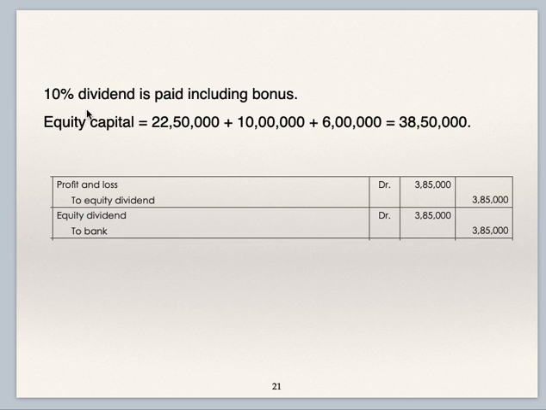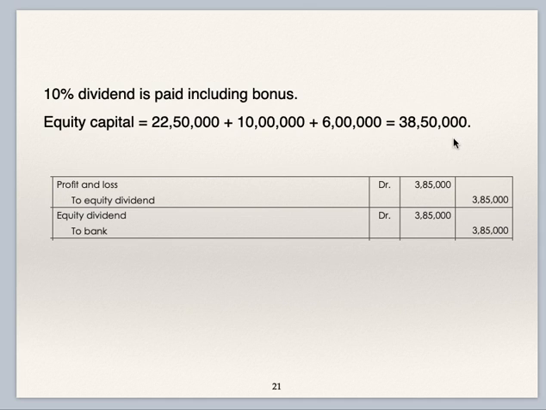Now the next entry is 10% dividend is paid including bonus shares. Equity capital: 2,25,000 shares. Even if 25,000 shares they have forfeited, again they have reissued. So equity capital is 2,25,000 shares of 10, which is 22 lakhs 50,000. 10 lakh bonus is given to them. 6 lakhs: 1 lakh partly paid shares, 4 paid is 4 lakhs plus 2 lakhs bonus, total is 6 lakhs.